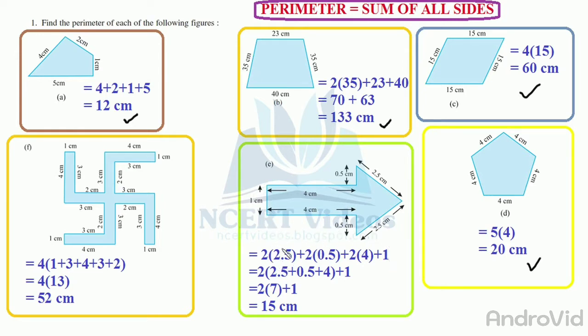We can also take 2 as common, and add the rest of the terms, that is 2.5, 0.5 and 4, and 1 as it is. So when you add this inside the bracket, first of all you have to solve the brackets. It is 7 and then you multiply it with 2 to give you 14, plus 1 gives you 15 centimeter as your perimeter.